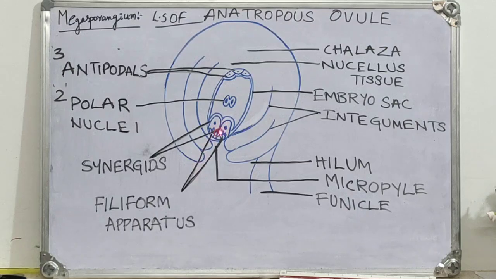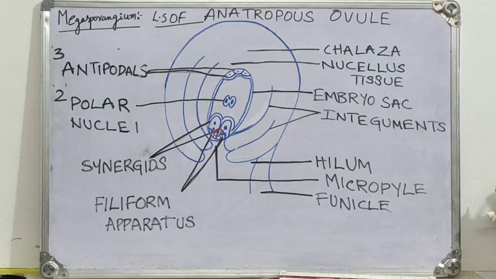Through the pollen tube, one of the male gametes will enter one of the synergids, and the remaining one, what happens? It disintegrates, and the one male gamete fuses with the egg. Then fertilization has taken place. That is called zygote only. The zygote will become the embryo.